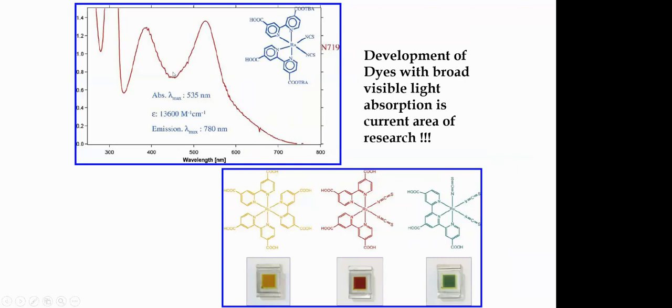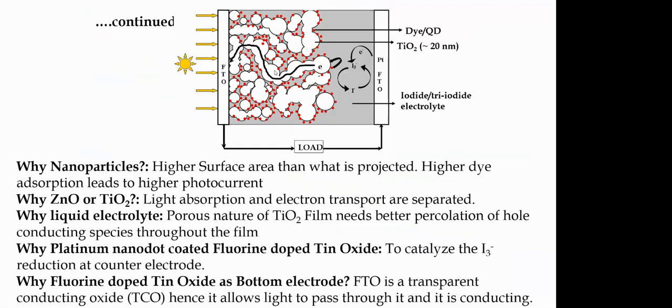Right. Now, questions, some of which we have already answered: why we use nanoparticles, because they have a very high surface area, so you can attach more dye molecules. Why zinc oxide or TiO2 nanoparticles? Because light absorption and electron transport are separated in dye-sensitized solar cells, which is not the case in junction-based solar cells, right?